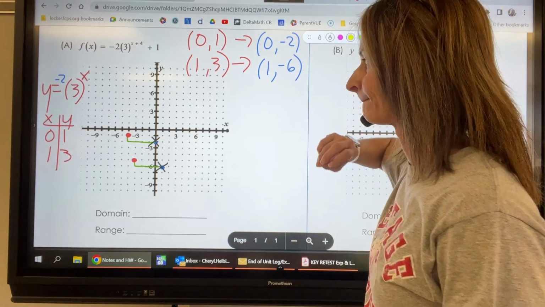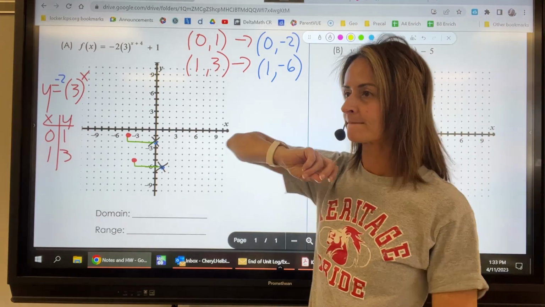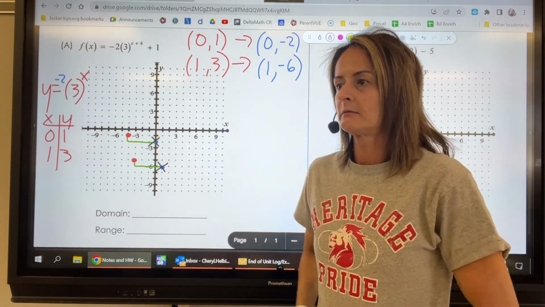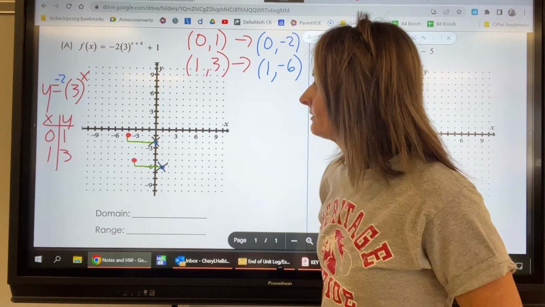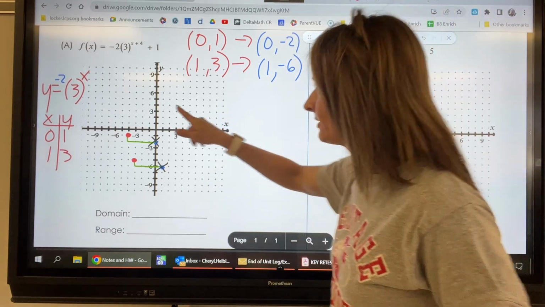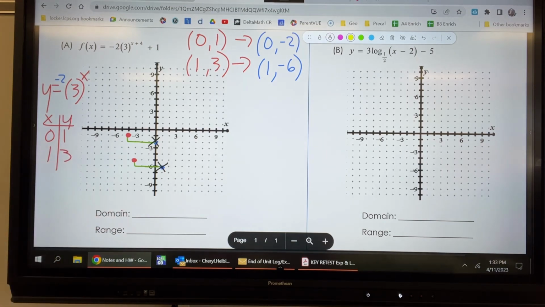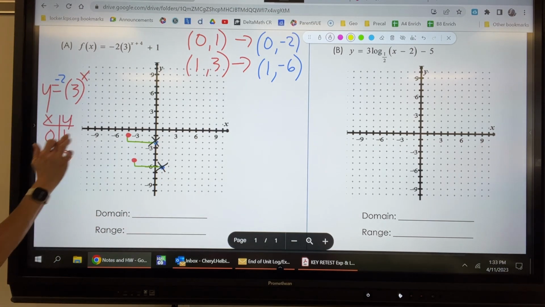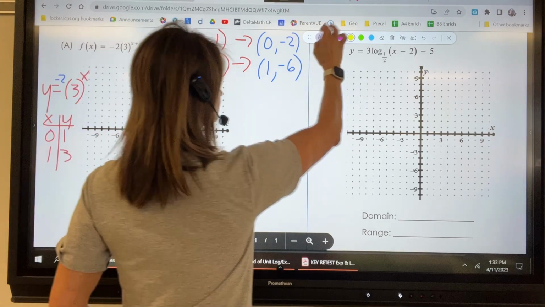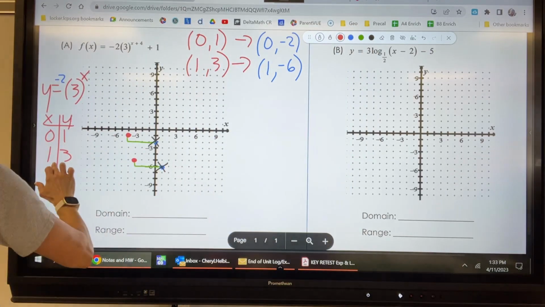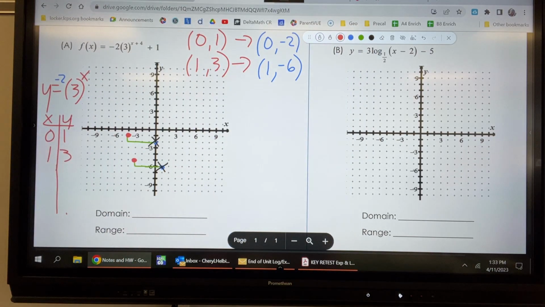Oh, frick. I forgot if it's horizontal. Well, think about it. If we look at our parent function here, I know that it's going to be that. Okay? Let's go back to this red mark here. We've already put in 0 and we've already put in 1.